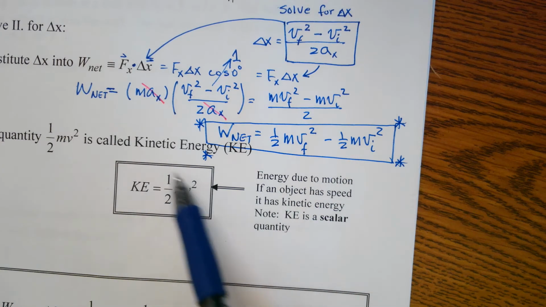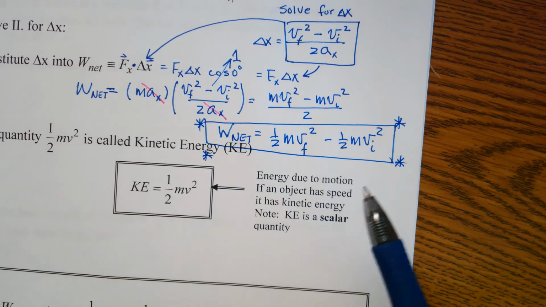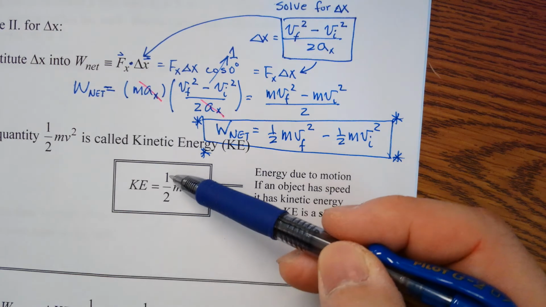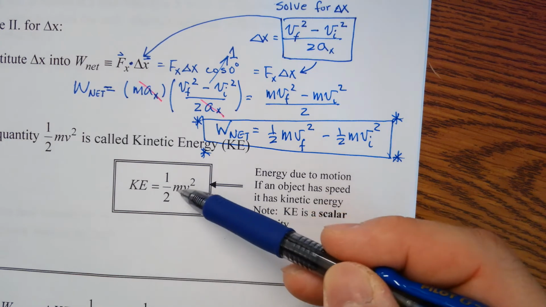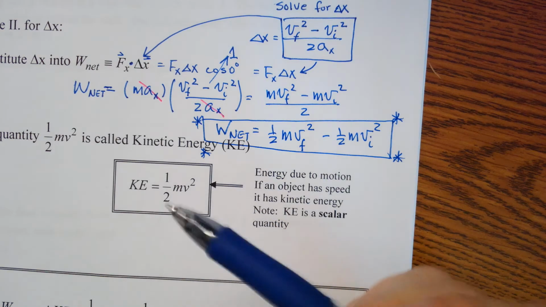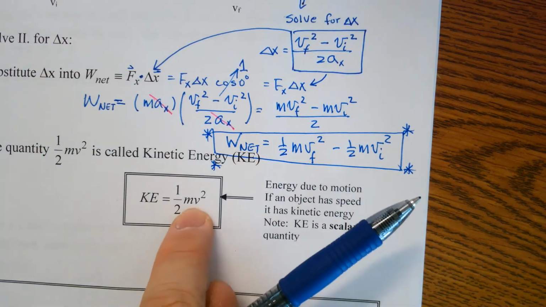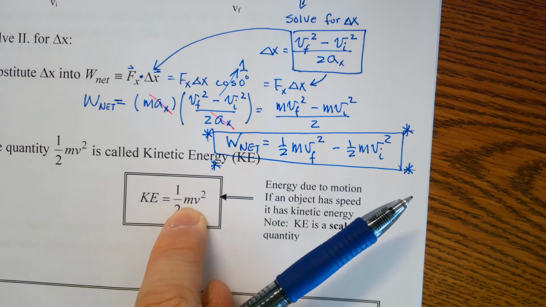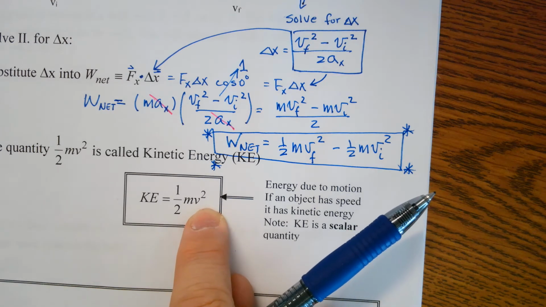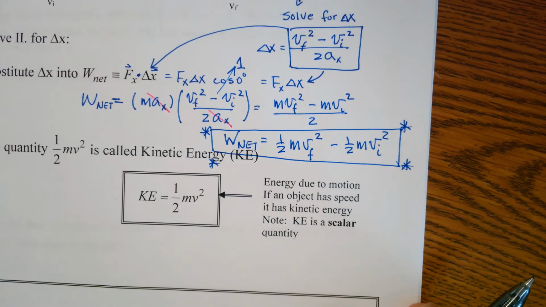Well, guess what? Can this kinetic energy ever be negative? Well, let's take a look. 1/2 cannot be negative. You're not going to have negative mass, unless you're working with antimatter, but I don't think you're going to have antimatter in Newtonian physics. So mass can never be negative. When you square the v, it doesn't matter anymore, your v will always become positive.